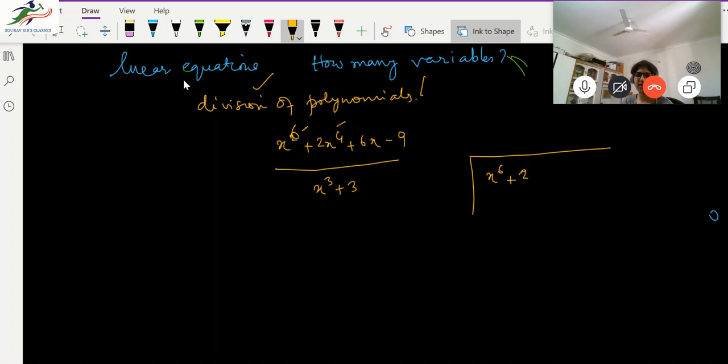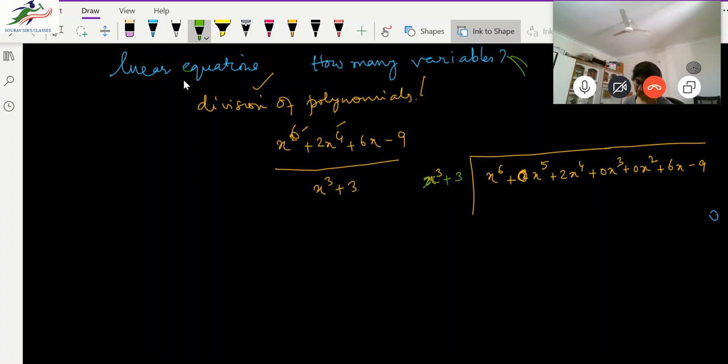So just take 0 into x to the power 5 plus 2 into x to the power 4. Again, x cube and x square are missing, so plus 0x cube plus 0x square plus 6x minus 9, and we divide this by x cube plus 3.